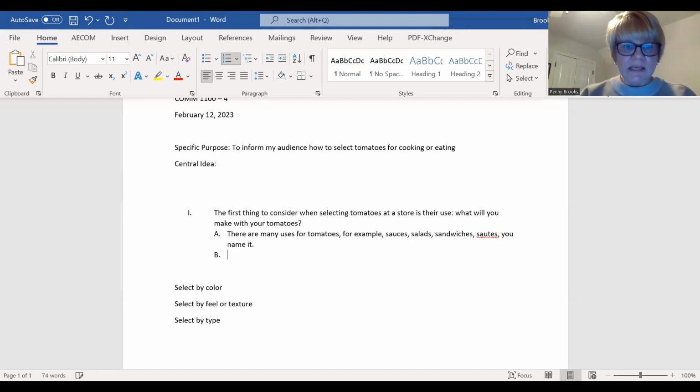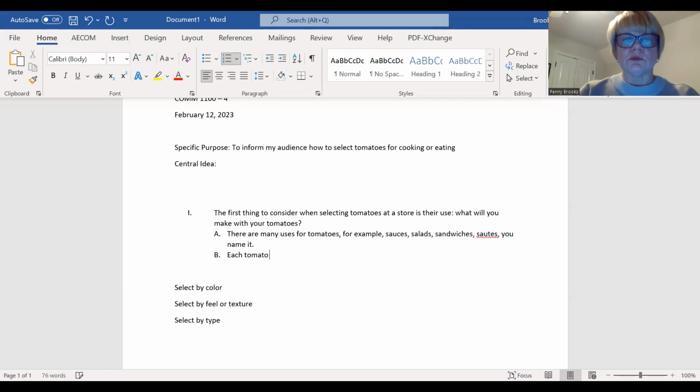And then the B part is going to be some tomato types are appropriate for some uses but not for others. Oh, there's another way I could say this.